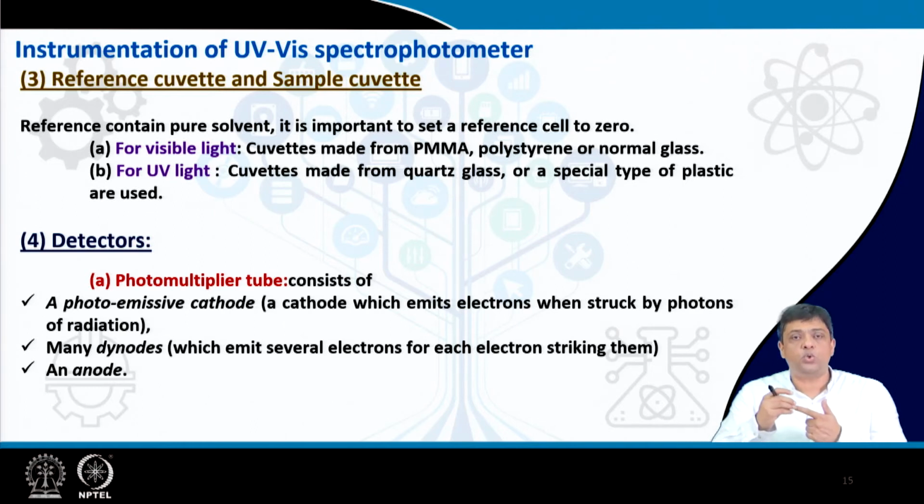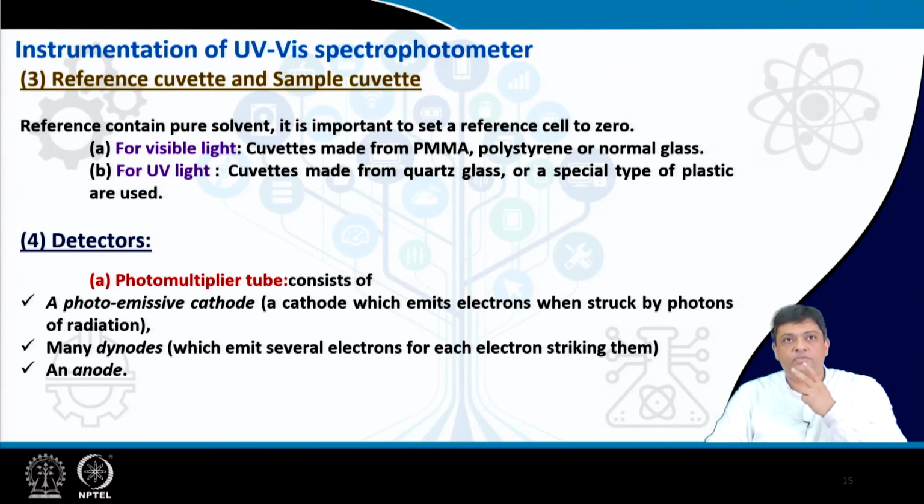It is important to set the reference cell to 0, so that the data you get from the other sample holder comes only from the absorbing material, because the signal which can originate from the cuvette or the solvent is collected from the reference cuvette and removed from the signal obtained from the sample cuvette.